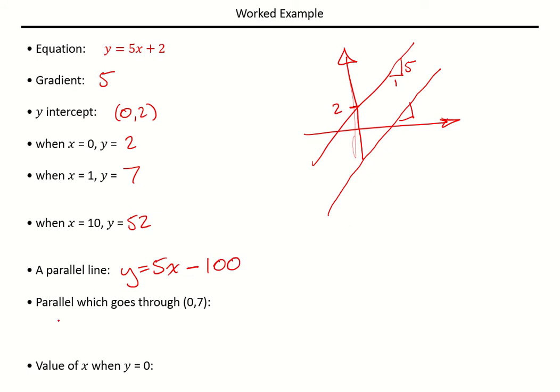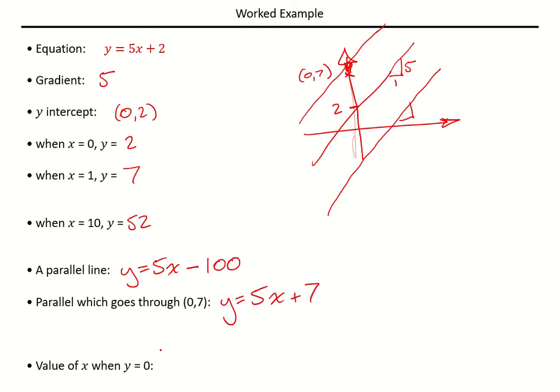Specifically, parallel line which goes through 0, 7. Well, 0, 7 is here. That just means it's got the same gradient and a y-axis intercept of 7 instead. Y equals 5x and 7.